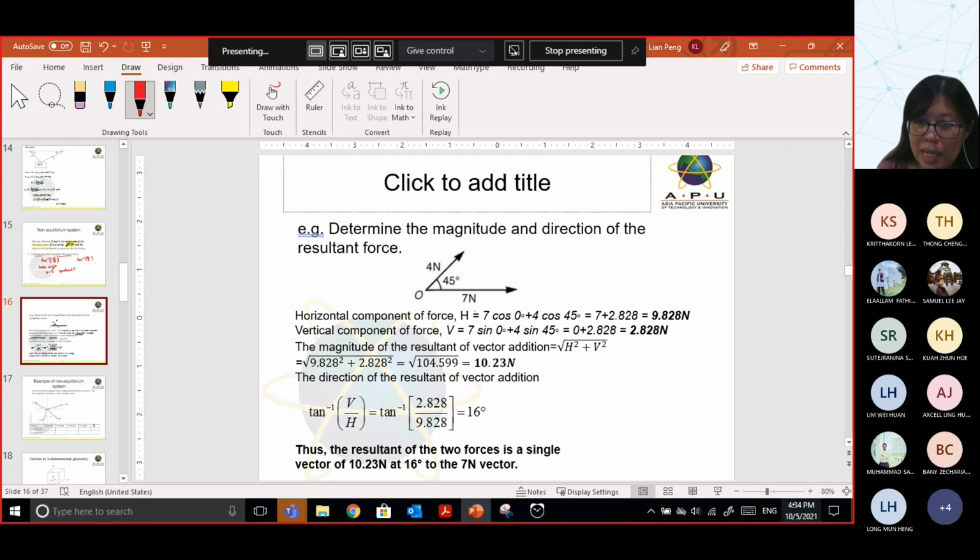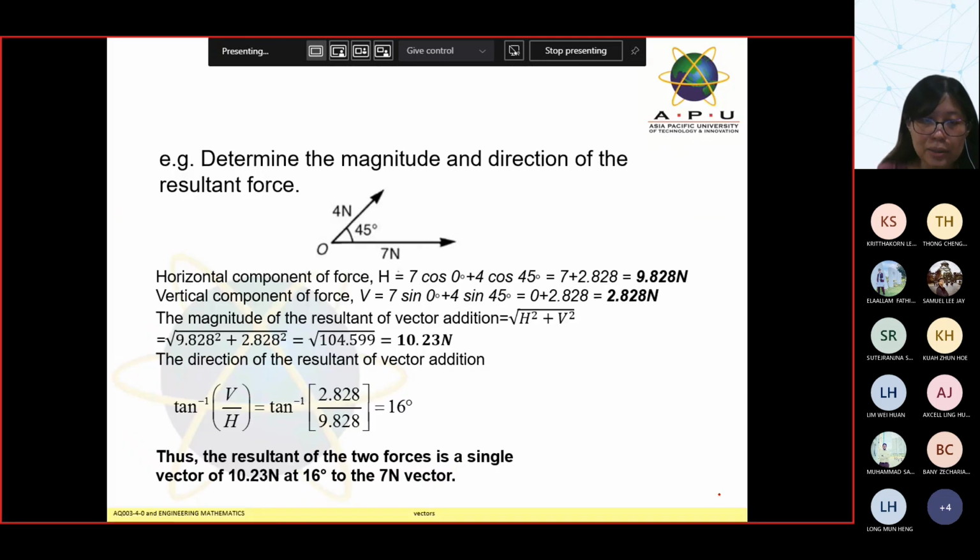Okay, now let's look at this example. Determine the magnitude and direction of the resultant force. So can you see for this example, we have two forces here. One is 4 Newton, with the direction of 45 degree to the horizontal.